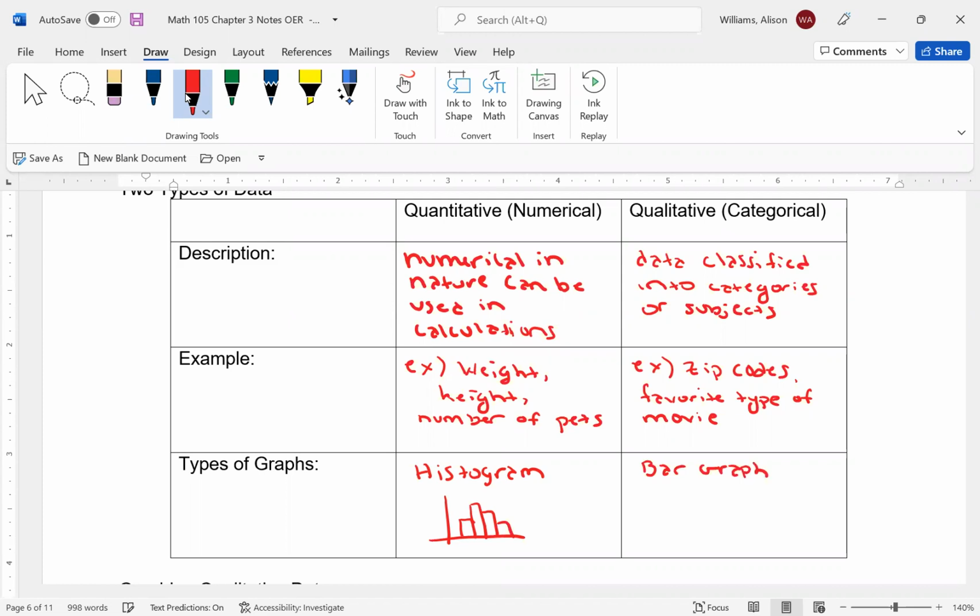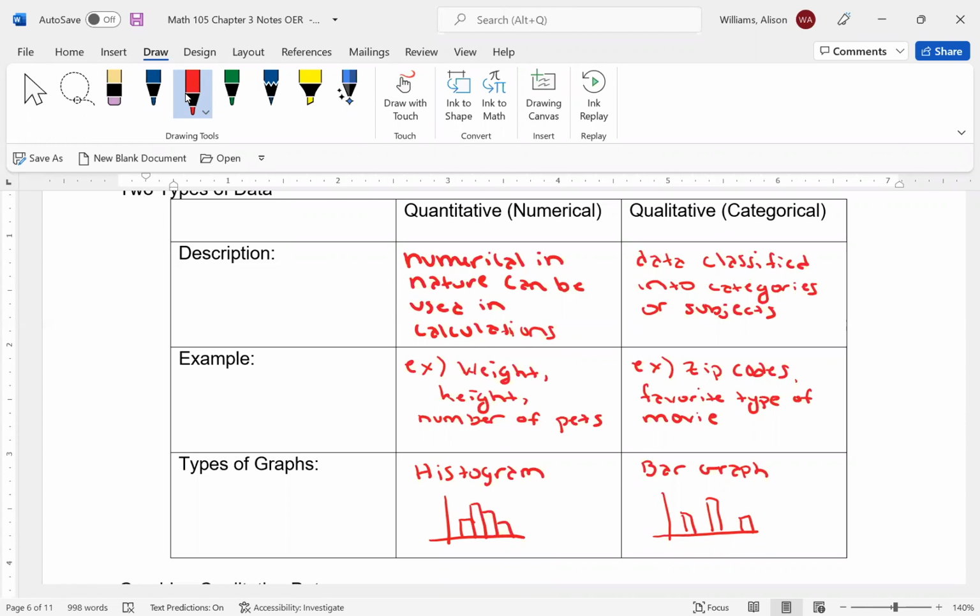Now, a bar graph is very similar to a histogram, but the rectangles do not touch, and that's on purpose. So there is a distinction between a histogram and a bar graph. Visually, the distinction is the touching, but there's also a distinction between one being used for quantitative data and one being used for qualitative data.